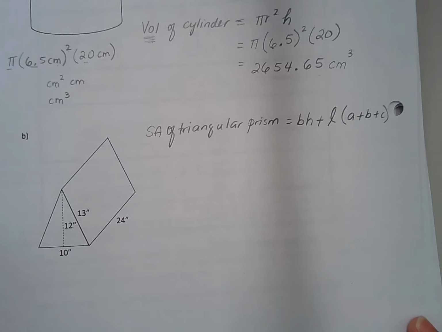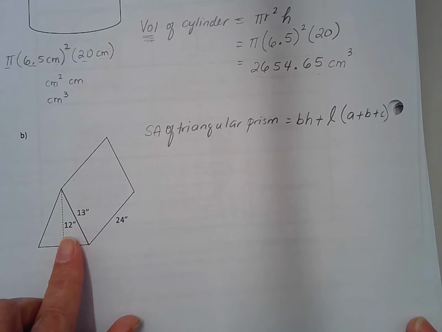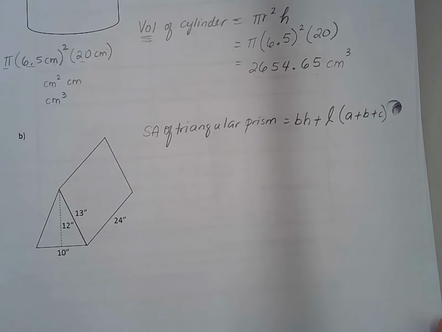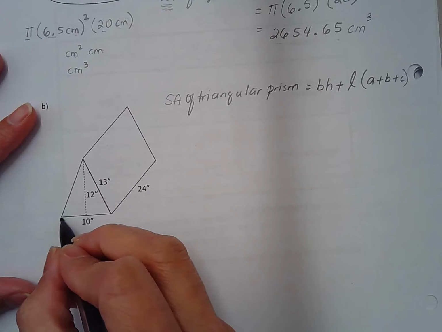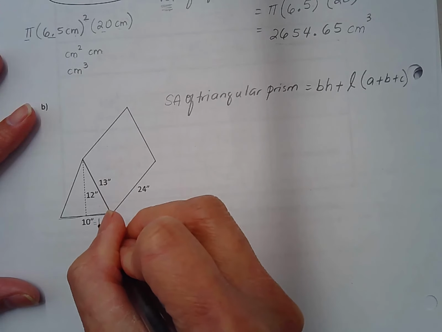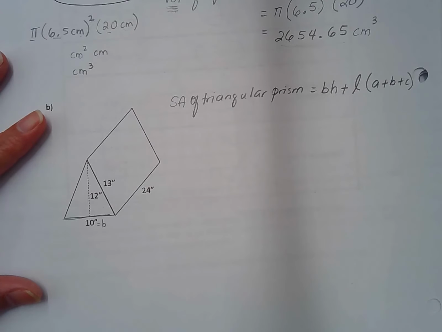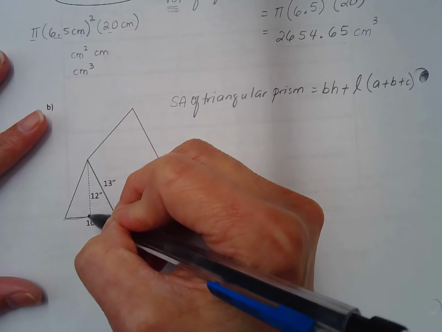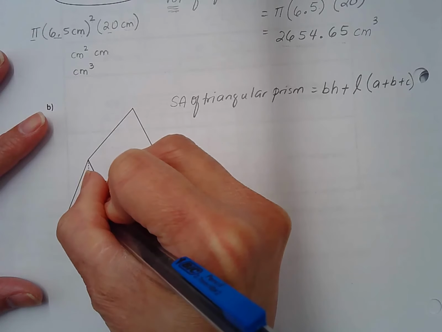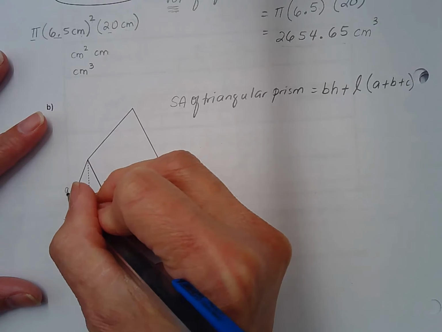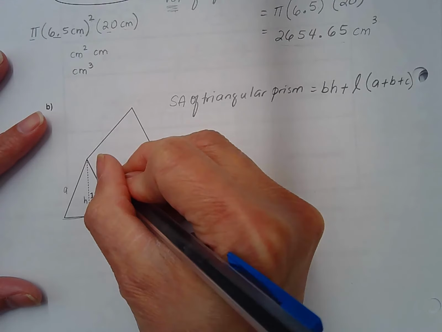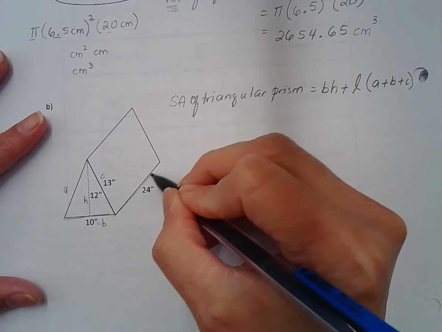Now this one here doesn't label the B, the H, the L, the A, the B, and the C, but we should be able to figure that out, right? So this is the B. This is the height of the triangle, and then the A, B, and C, and then the length.